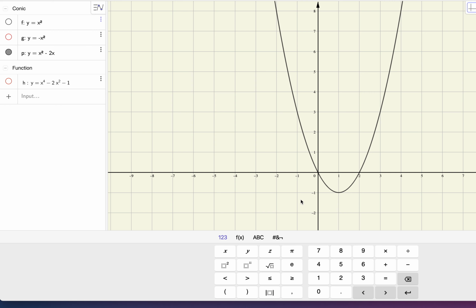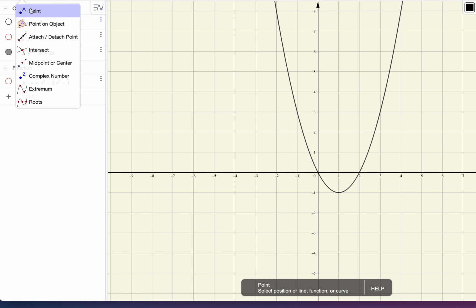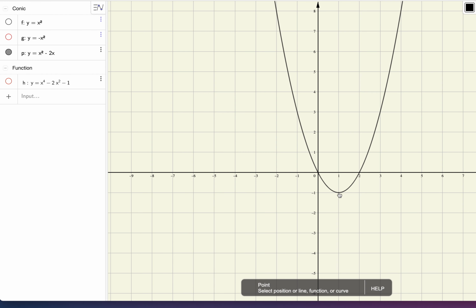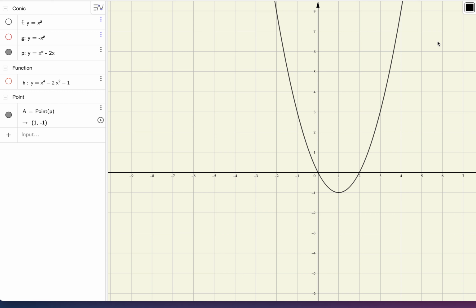and the y value. So for example here, this point is called the minimum. This point, let me make it a little bit bigger so that you can see that. Yes, this point that is bold now is called the minimum point.